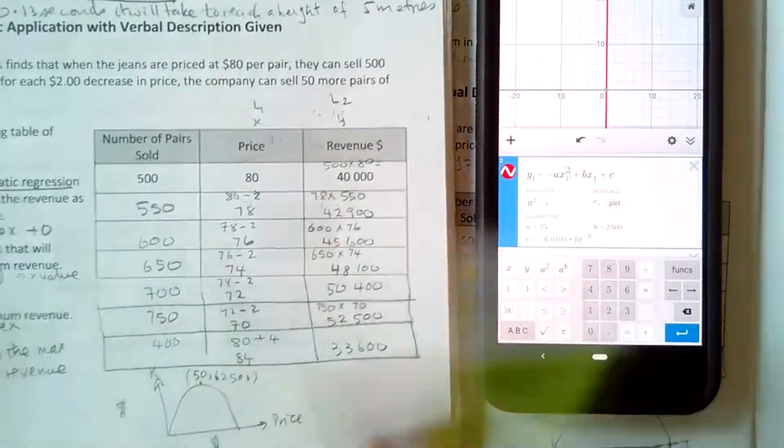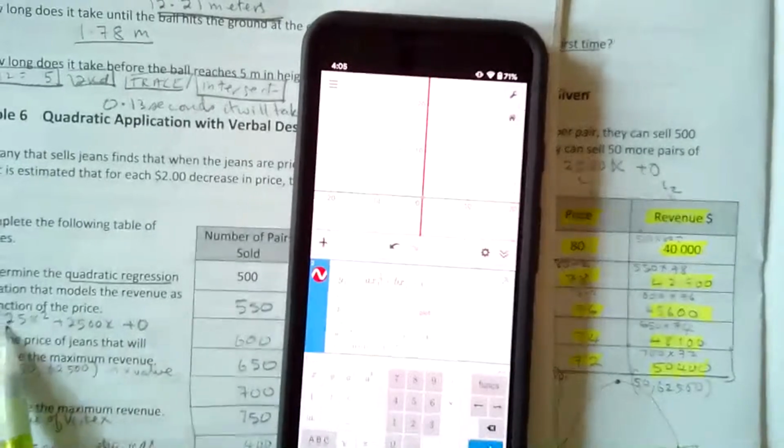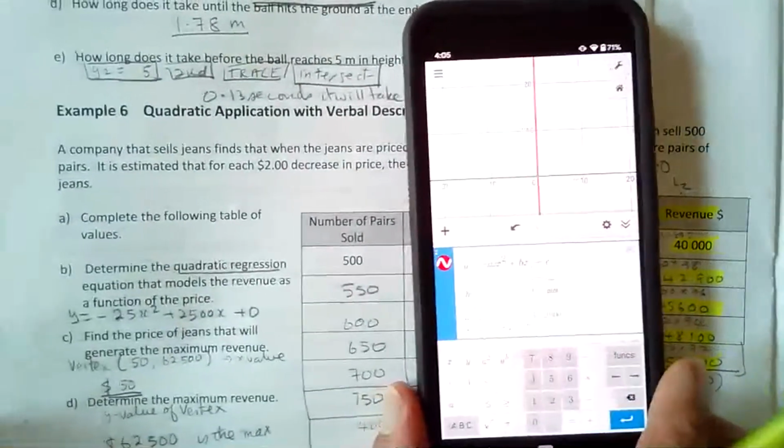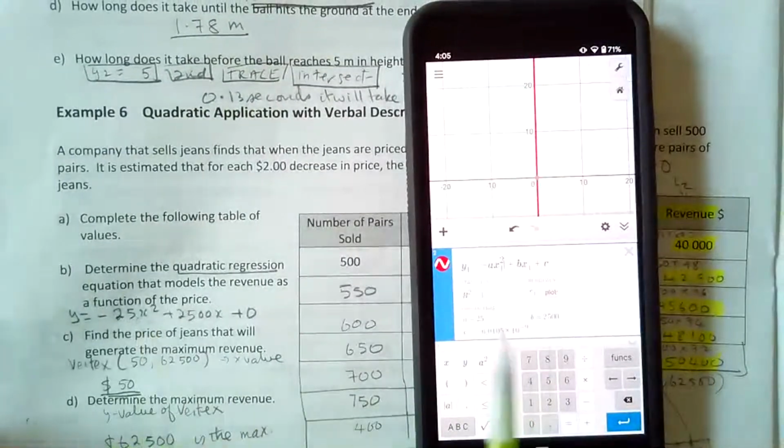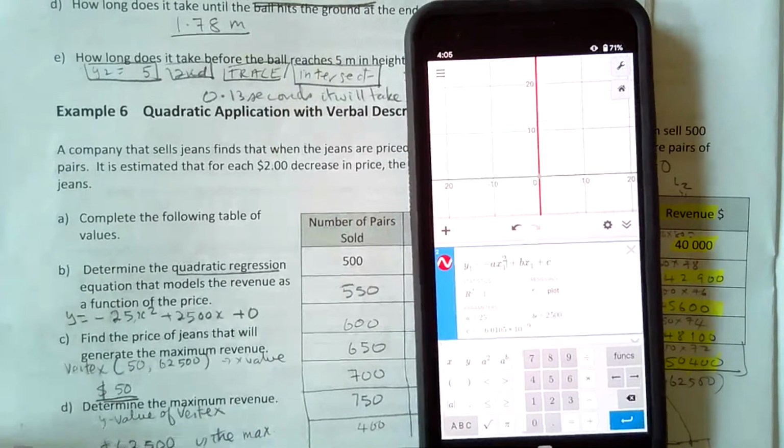Zero is what we have for a graphing calculator, which is negative 25x squared plus 2500x plus 0.